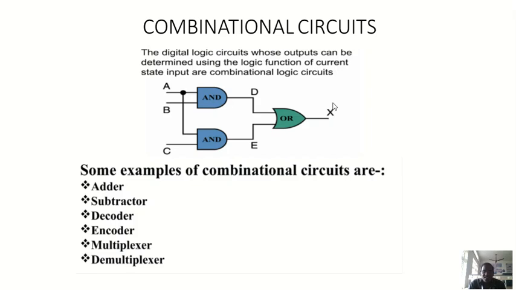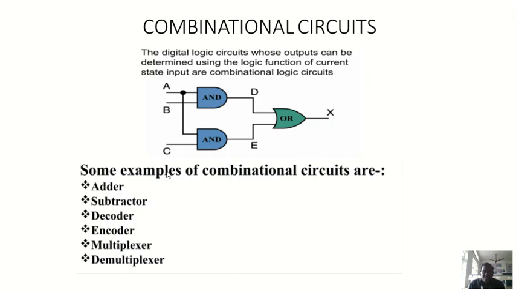Combinational logic circuits are digital logic circuits whose outputs can be determined using the logic function of the current state input. Here is one example: the output of the AND gate is connected to the OR gate. This is one example for the combinational circuit.